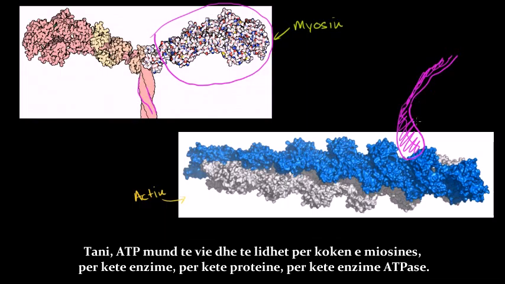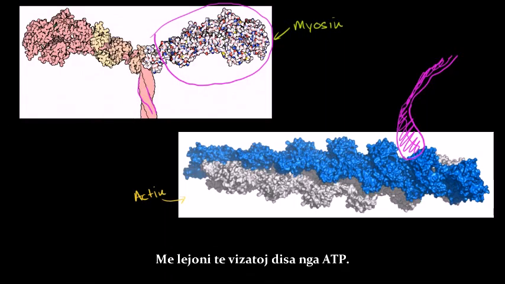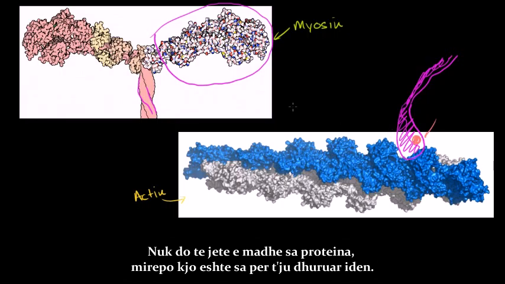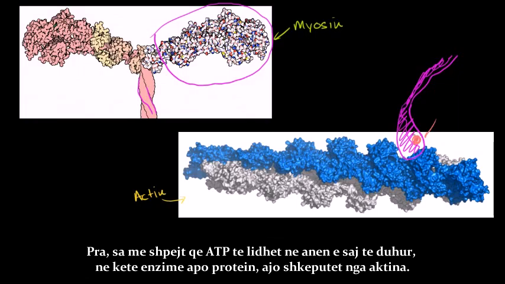Now, ATP can come along and bond to this myosin head, this enzyme, this ATPase enzyme. So let me draw some ATP. ATP comes along and bonds to this guy right here. It's not going to be this big relative to the protein, but this is just to give you the idea. As soon as the ATP binds to its appropriate site on this enzyme, it detaches from the actin.